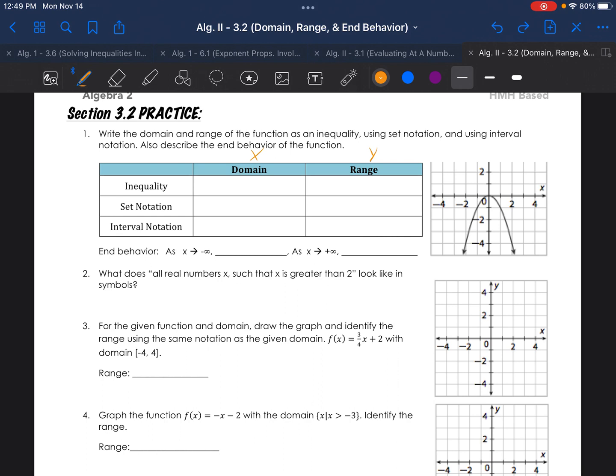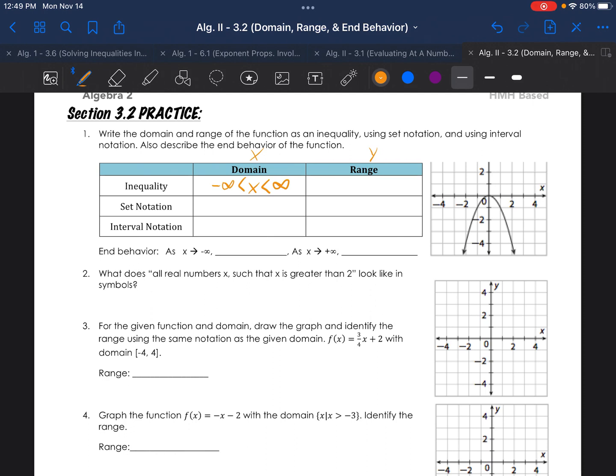So for this graph, okay, what are the x values in it? Well, it's going forever to the left and it's going forever to the right. So that's positive and negative infinity. So it goes from negative infinity is less than x is less than infinity. Or x is greater than negative infinity and x is less than infinity.